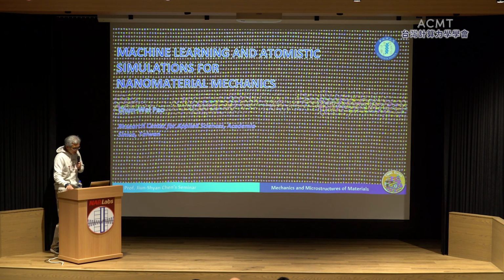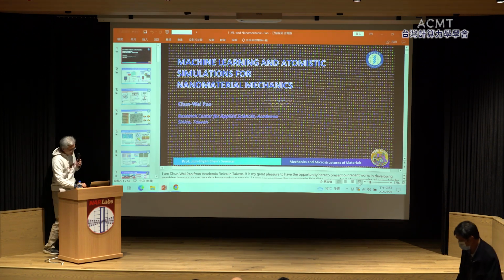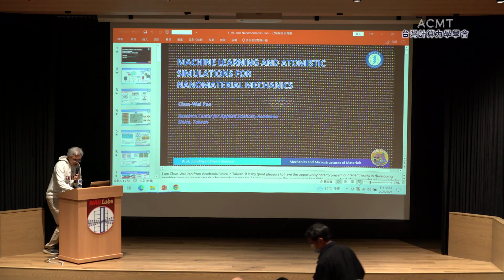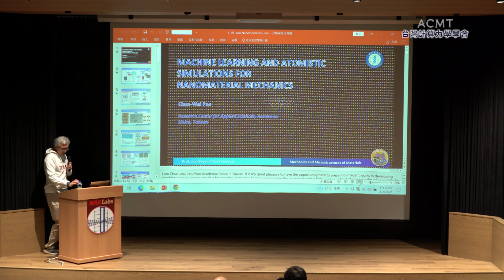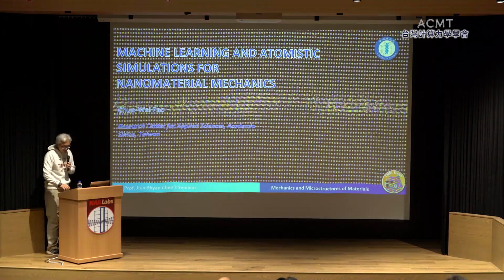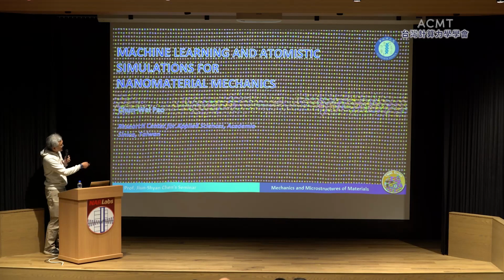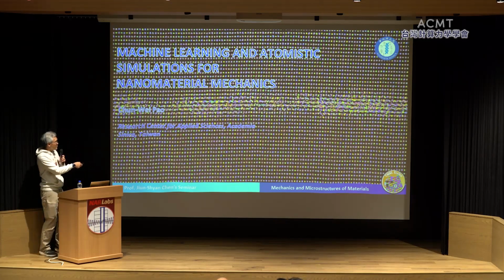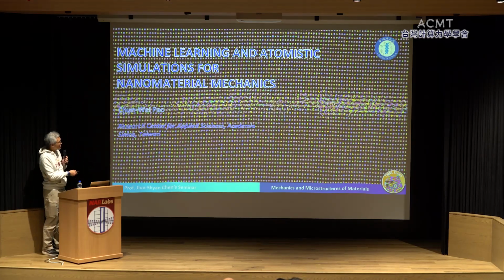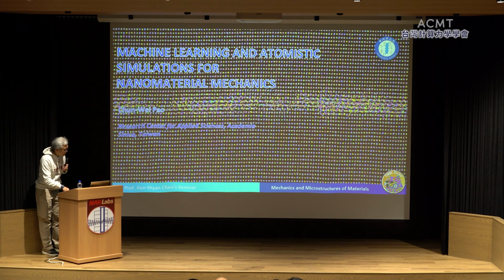I know that some of you missed the movies in the first place, so I would like to replay this, just to echo Professor Chen's last topic. This is a molecular dynamics simulation of a dislocation gliding through a chemically complex alloy.